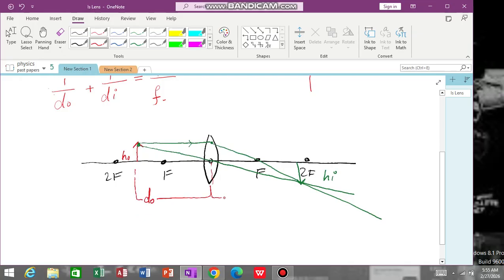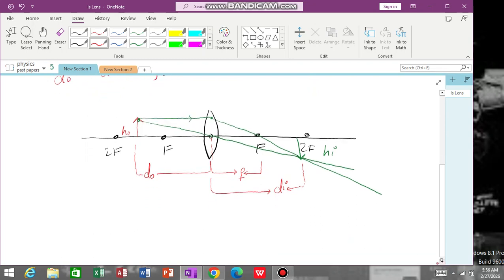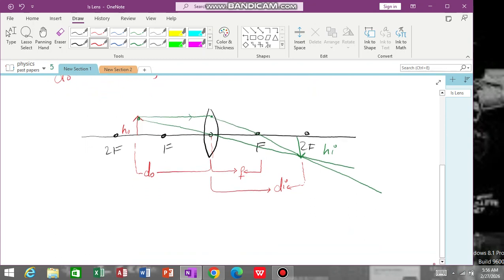Similarly, from the lens to this focus, this distance is known as the focal length, and the distance from the optical center to the image formed here is known as di. So the relationship between di, do, and f is called the lens equation. Let's derive this lens equation from this diagram.